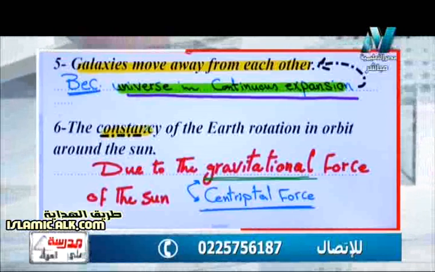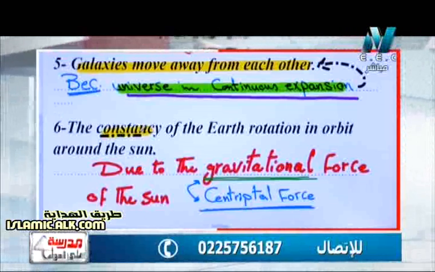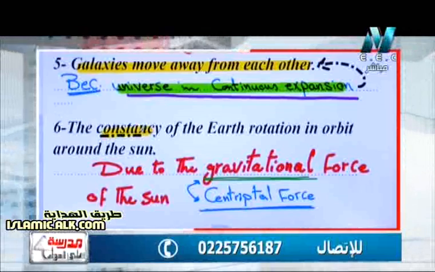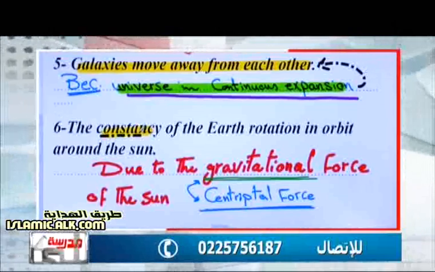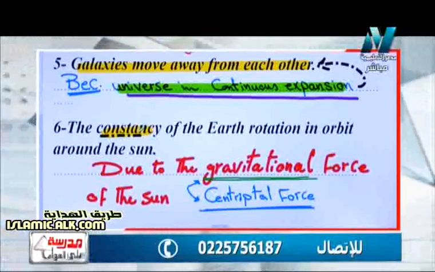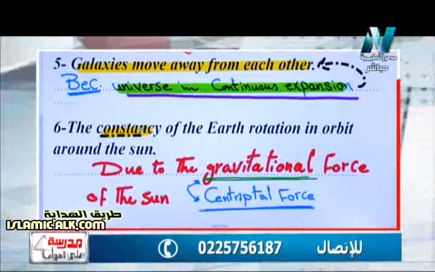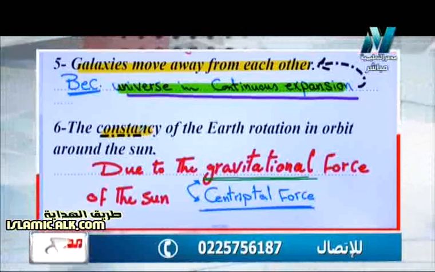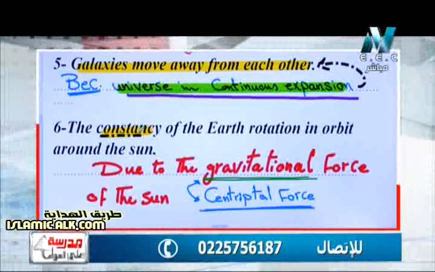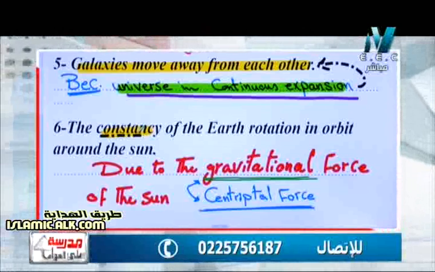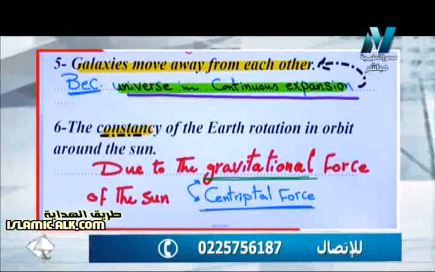Any body like moon rotates around the earth or earth rotates around the sun and sun rotates around the center of galaxy due to gravitational force. أي دوران بيحصل بسبب إن في gravitational force keep these objects rotate around the central object.